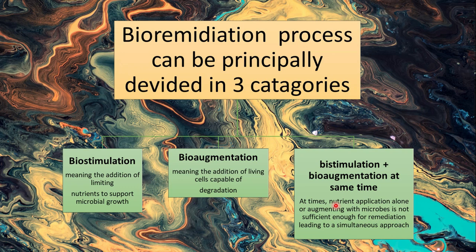Then the third process is one in which we use biostimulation and bioaugmentation at the same time. Yes, this process is the most preferred and most used process nowadays. No one uses bioaugmentation and biostimulation separately nowadays. Usually they use a combination of these two methods to treat oil spills in a very fast manner.